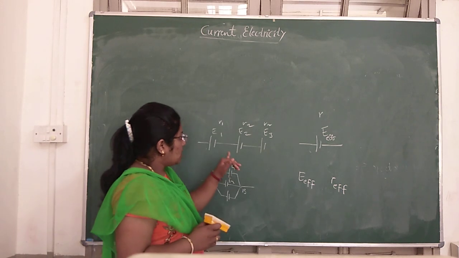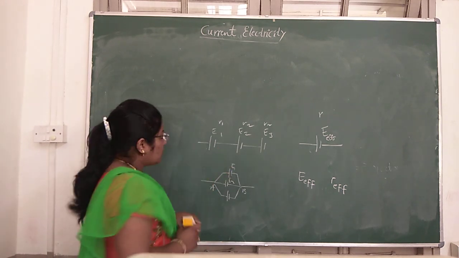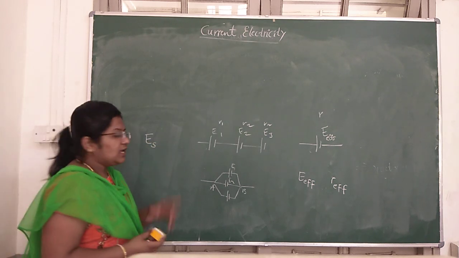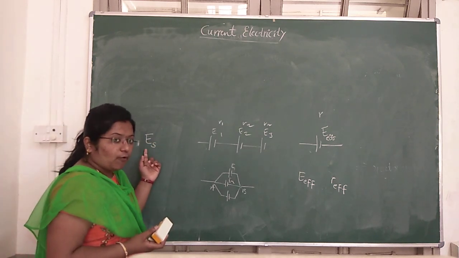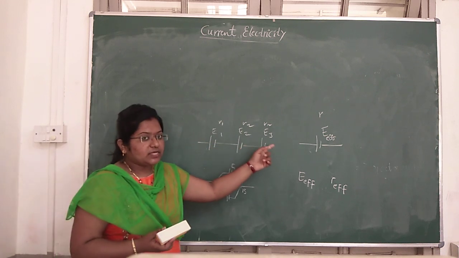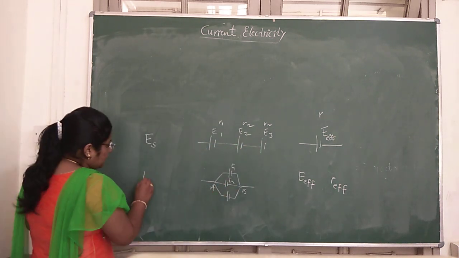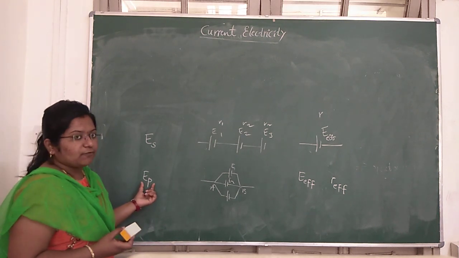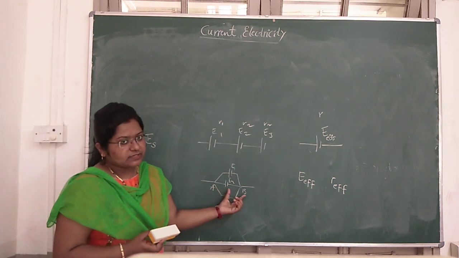Here, for the series combination we will have ES, the effective EMF of the series combination of cells. Similarly EP, the effective EMF of the parallel combination of cells.